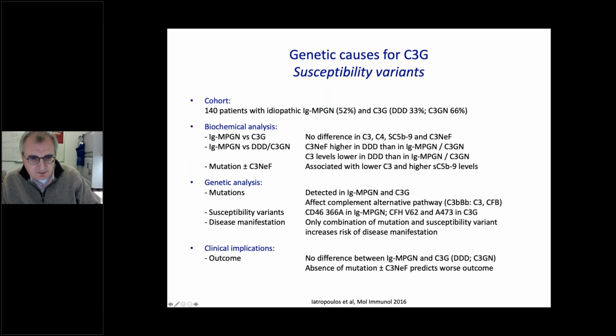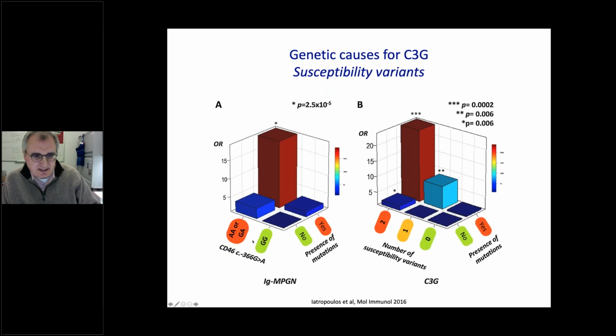And the second finding here was that they identified risk haplotypes in MCP, CD46, and factor H. And they identified that the combination of risk haplotype plus another mutation really enhanced the manifestation risk in IC or IG MPGN patients, as did the number of susceptibility or risk variants, with the highest number carrying the highest risk in C3G, together with the presence of underlying mutations.